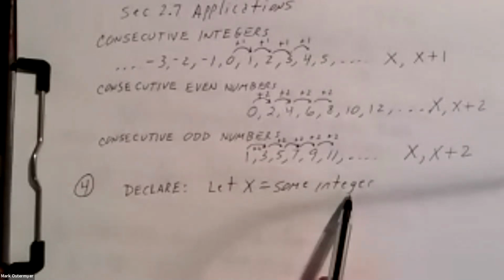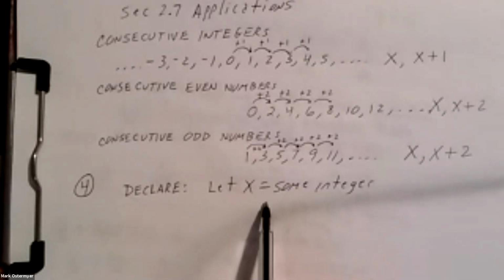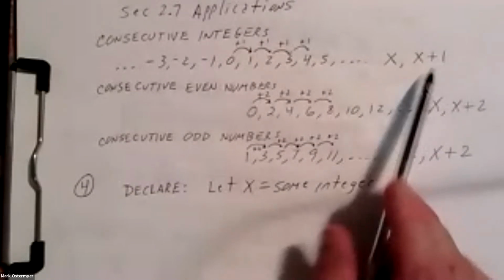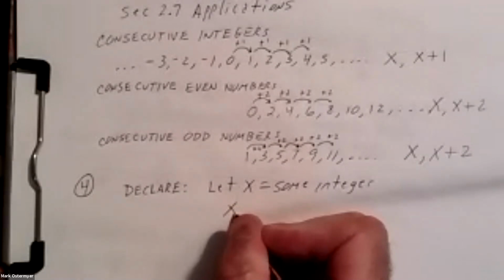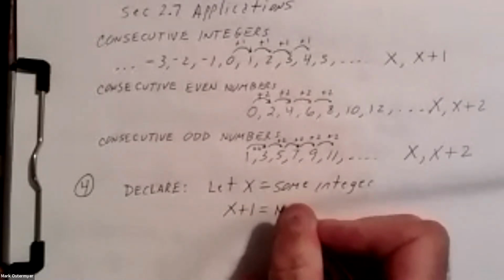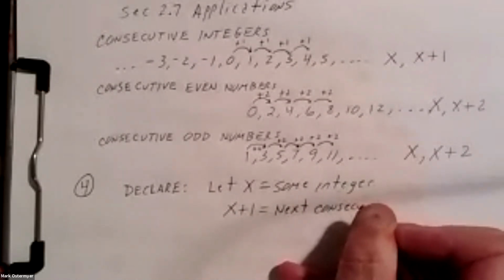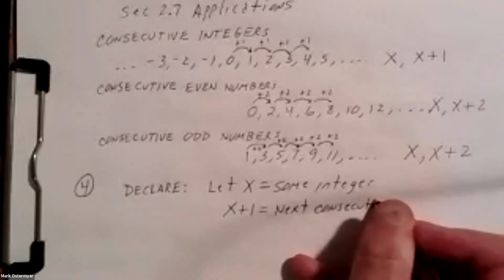No. If x is some integer, what would be an expression for the next consecutive integer from x? X plus 1. So if x is an integer, x plus 1 is the next consecutive integer. What would we do with the negative 21? Oh, hold on. I'm going to get to that.